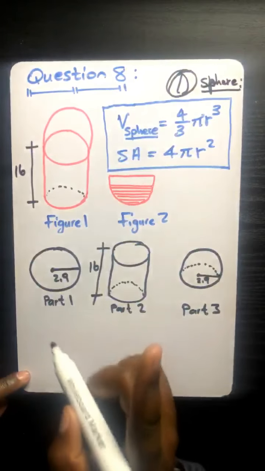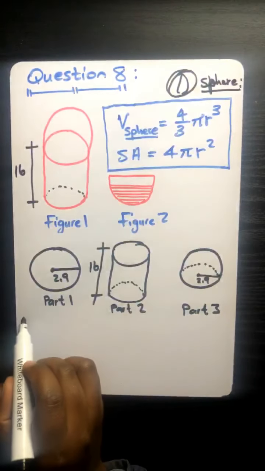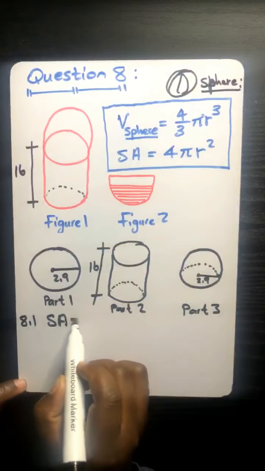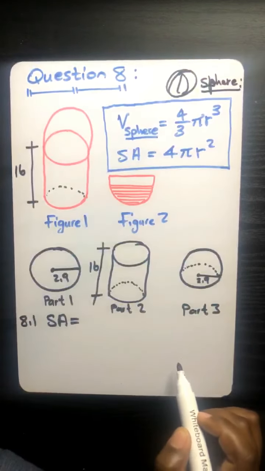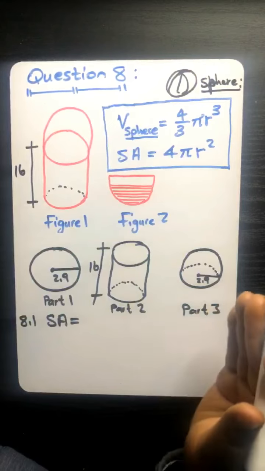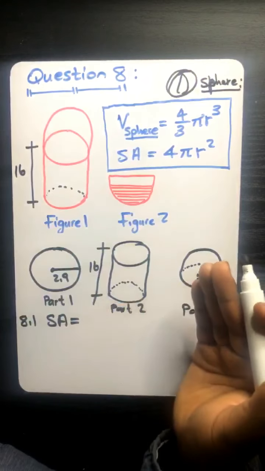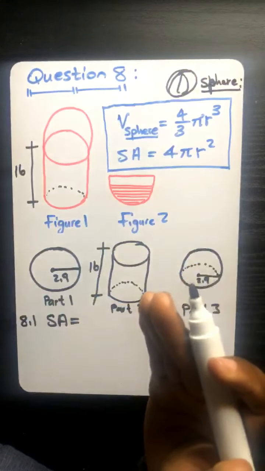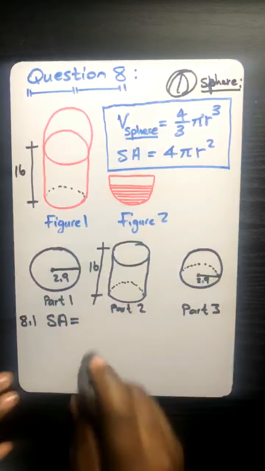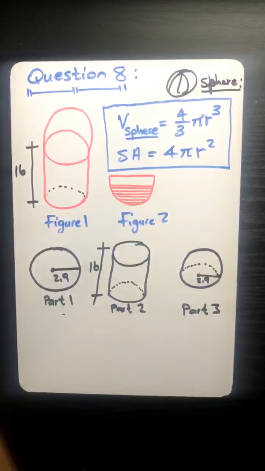So remember, the question wants us to calculate SA, the surface area, and we know the formula for the surface area is actually the sum of the areas of all the sides, just to keep it simple.